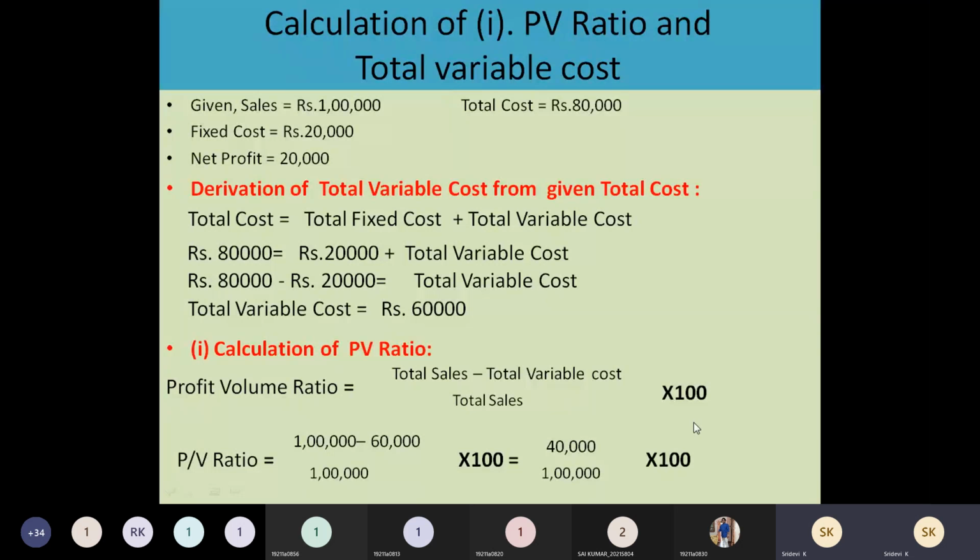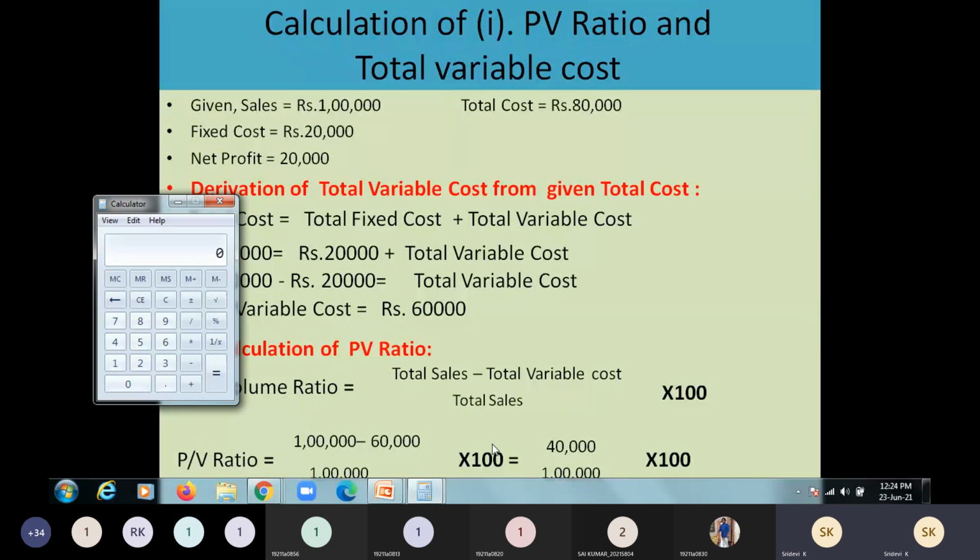How much will you get? 40,000 divided by 1 lakh into 100. You take the calci and see. 40,000 divided by 1 lakh will give you 0.4, into 100 will give you 40.